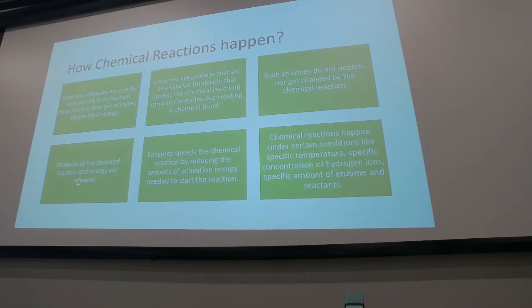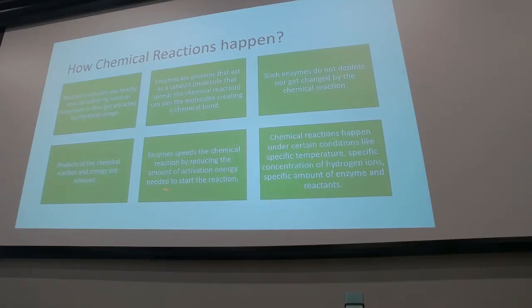And then the products of the chemical reaction and energy are released. As we have a chemical reaction, we not only form bonds, or maybe break bonds, but we also release energy, basically in the form of heat, and that heat is actually important for the chemical reaction to happen, because we require a certain temperature for the molecules to be in motion.